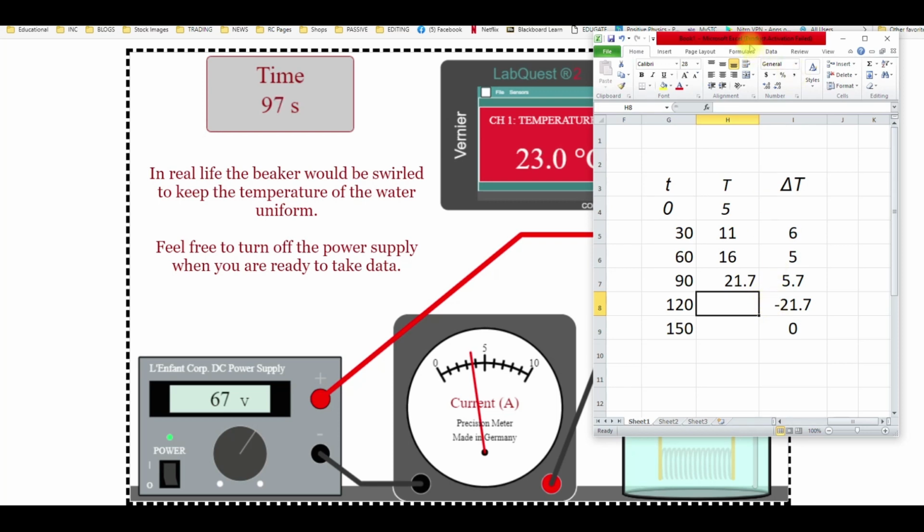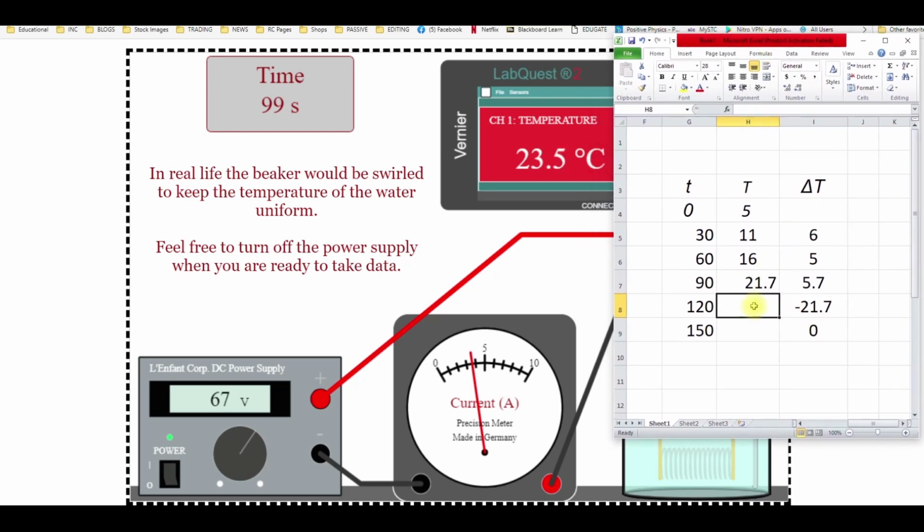120 seconds. Now, ideally, you want to take as much data as possible to eliminate some errors during the simulation because of the fluctuating temperature. 27.4.